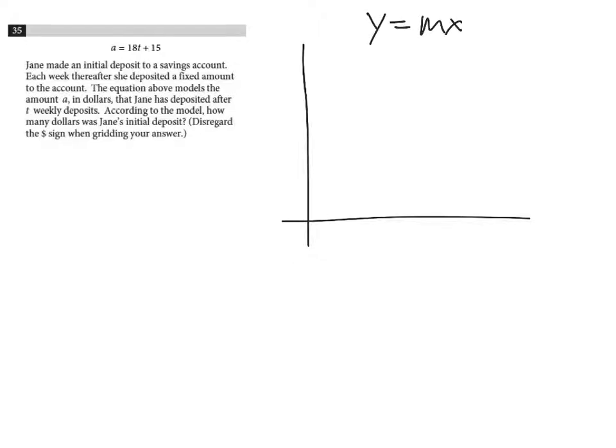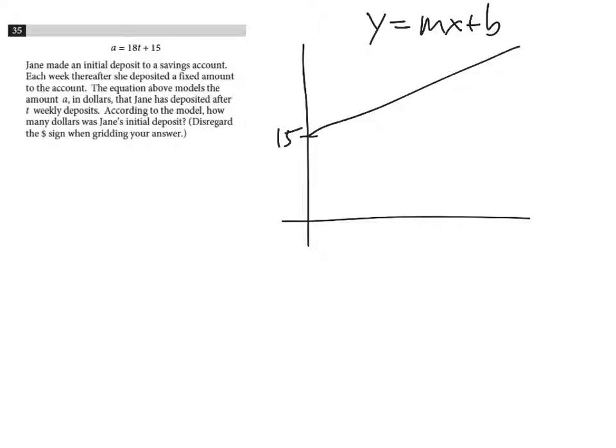So this equation is a linear equation. It's in the form y equals mx plus b. If we graph this equation, it would be something like this. This is not to scale, but there's going to be a positive slope, and it's going to have a y-intercept of 15.